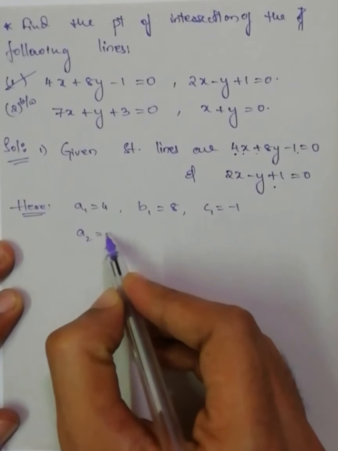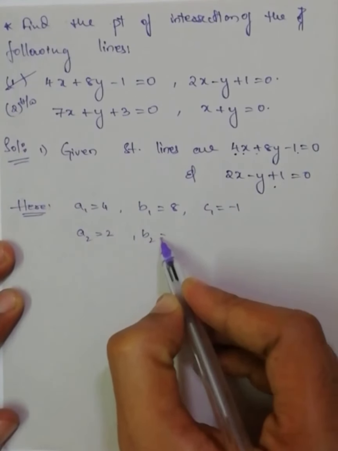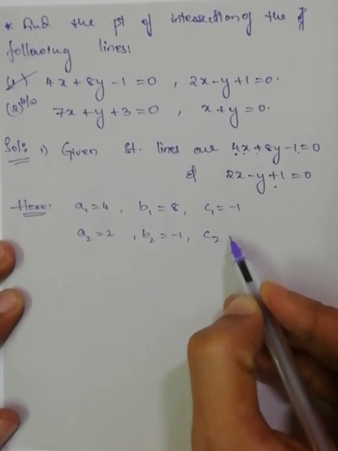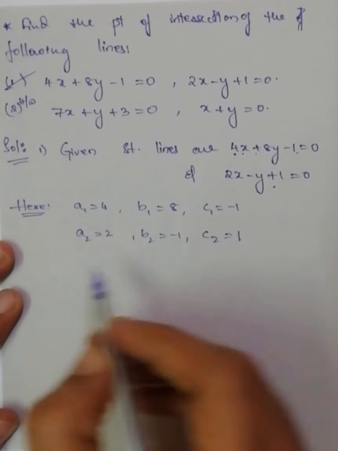Similarly a2 is 2, b2 is minus 1 and c2 is plus 1.